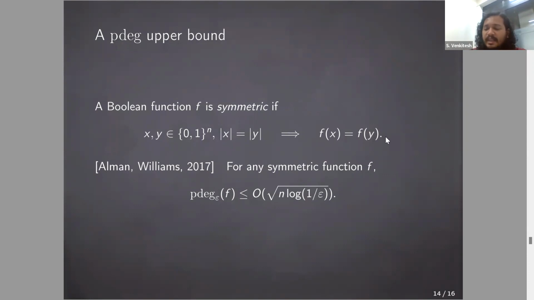And Allman and Williams actually give a probabilistic polynomial construction for any symmetric function f, and the degree bound is square root n log 1 over epsilon on the upper side. Because this is an explicit construction of a probabilistic polynomial.